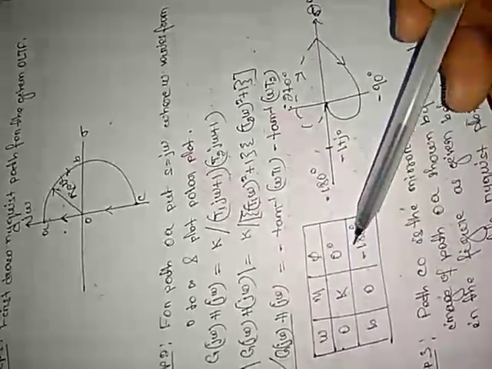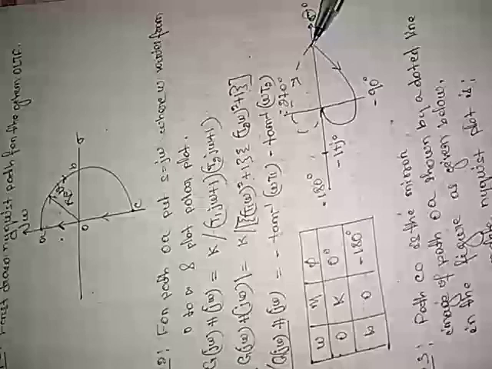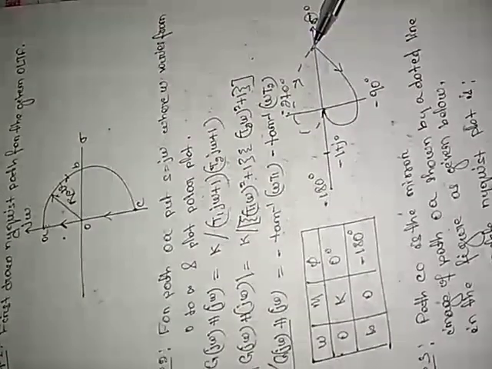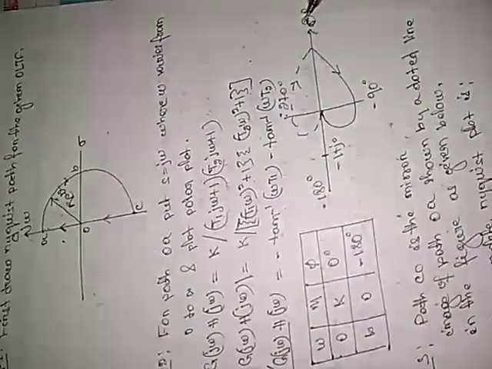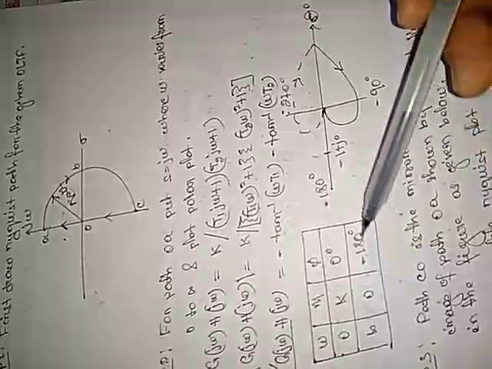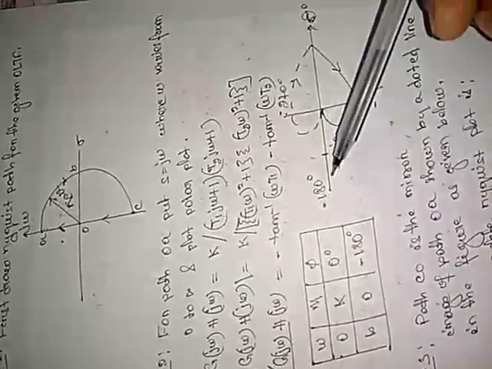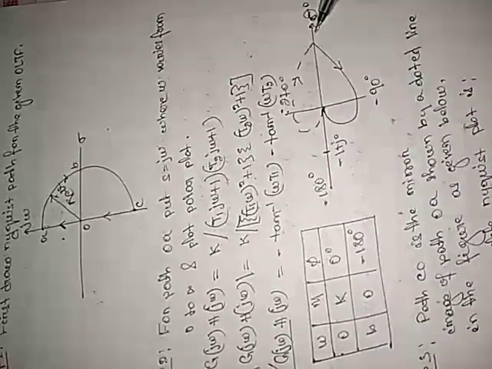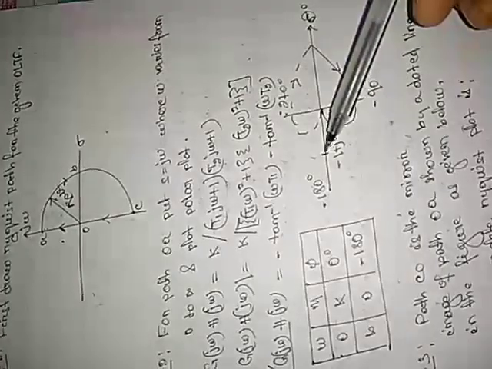If you see the table, at omega equal to 0, magnitude is K and phase angle is 0 degrees. When omega is infinity, magnitude is 0 and phase angle is minus 180 degrees. Your phase angle varies from 0 degrees to minus 180 degrees.